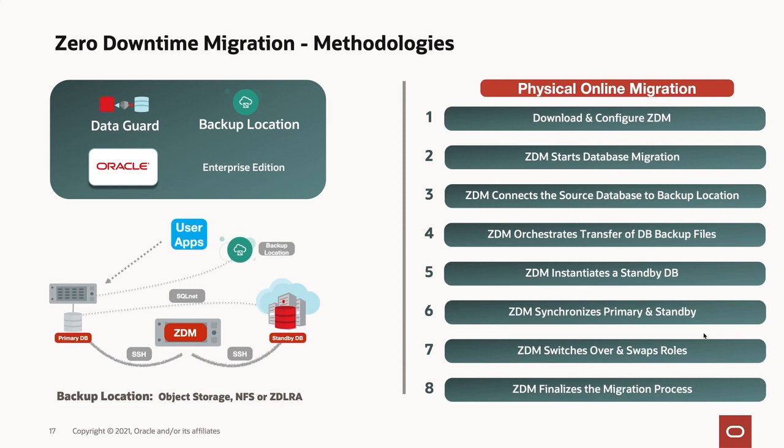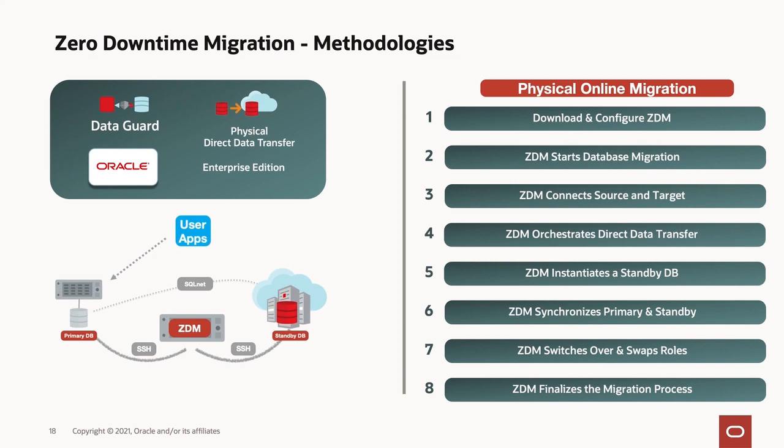We'll then transfer all the database backup files from the primary to the backup location, use those backup files to do instantiation of a standby database, then establish SQL connectivity to synchronize the primary and the standby. Then once everything is in sync, do a switchover and a role swap, and then of course finalize the migration process and do a proper cleanup. We will go more in depth in some slides ahead, of course.